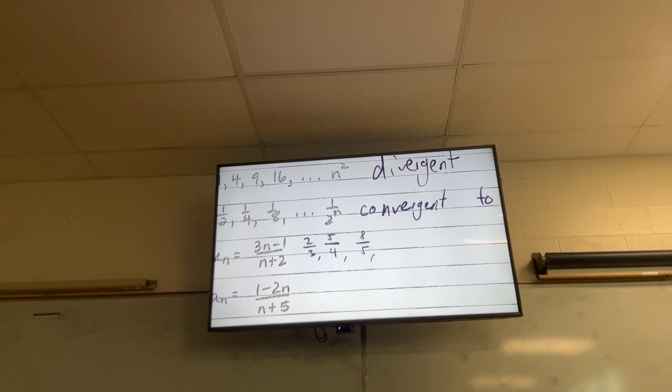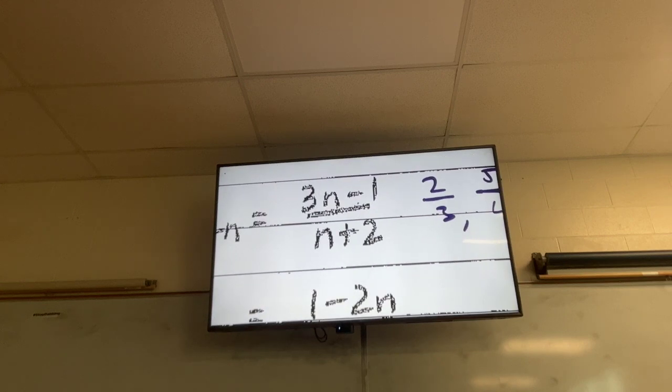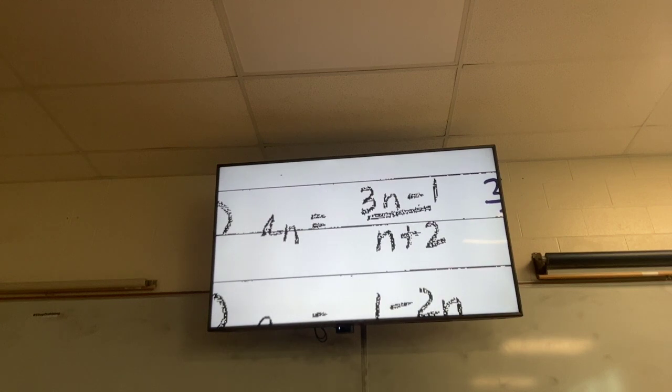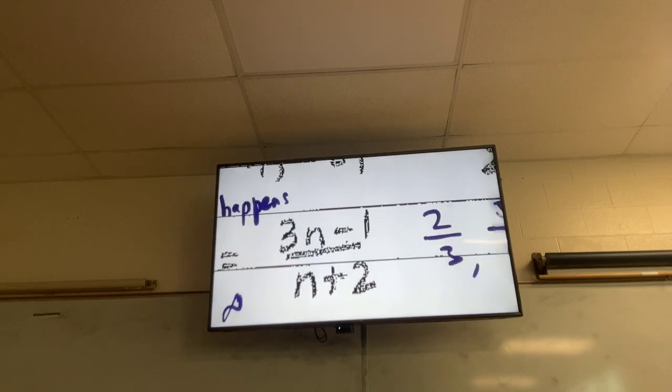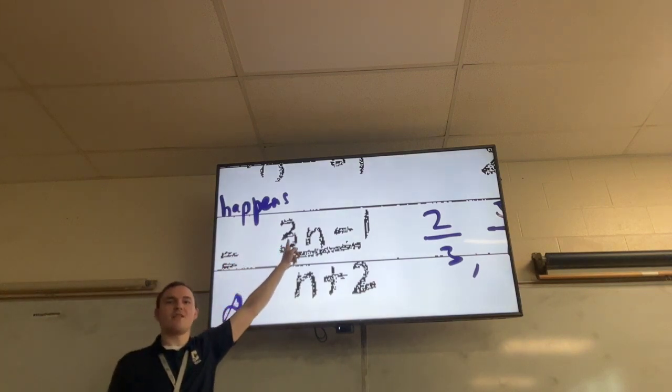What I'm asking myself right here, do you guys remember when we did the rational function stuff, like the limits at infinity, the end behavior asymptotes? We compared the degrees. So I'm asking myself, what happens as n goes to infinity? What's the degree of the top? 1, and the lead coefficient is 3.